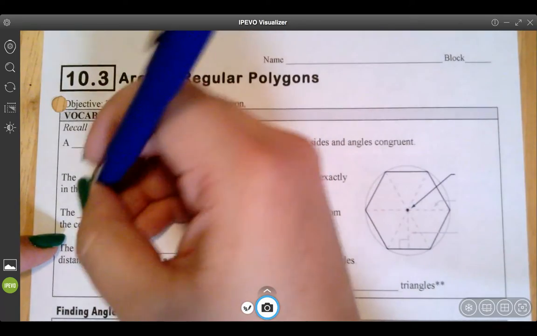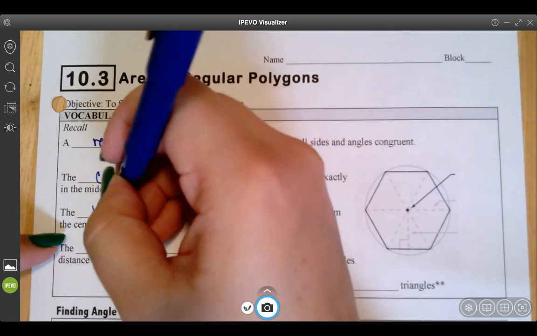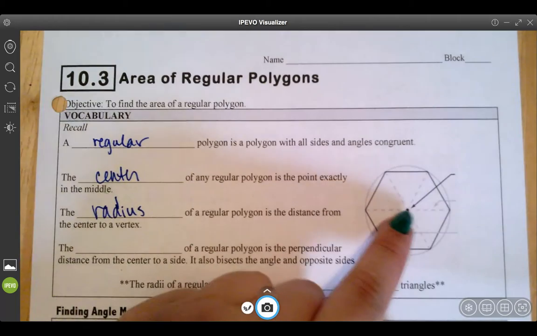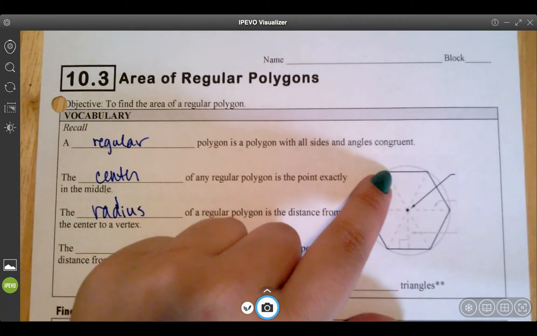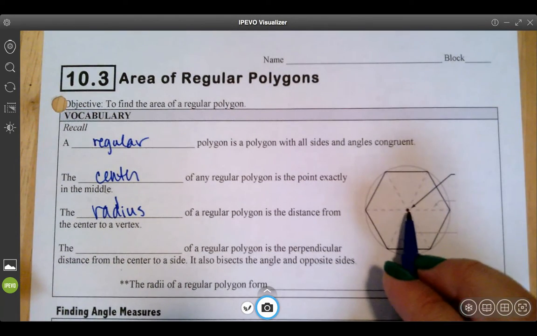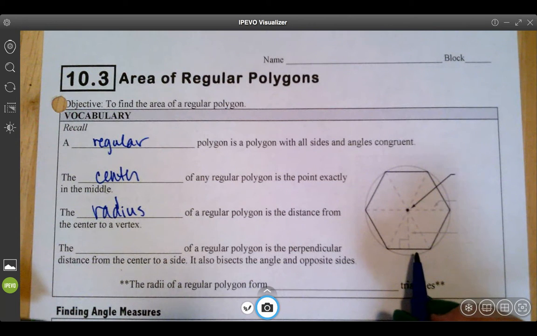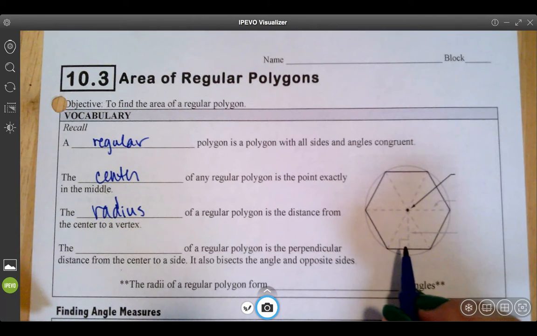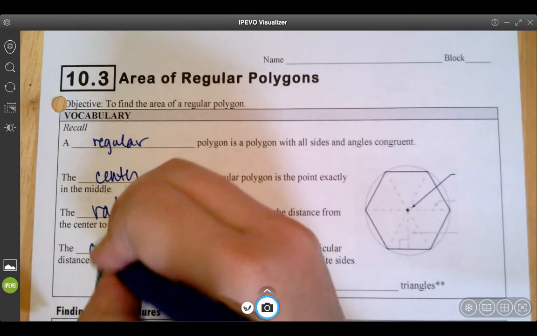The radius of a polygon is the distance from the center all the way out to the circle, which is at the vertex. So from the center to a vertex is the radius. It's important to distinguish that from the distance from the center to the side, which is not a radius because it doesn't touch a vertex. It doesn't touch the circle. Instead, that length that touches the edge of the polygon is called an apothem.